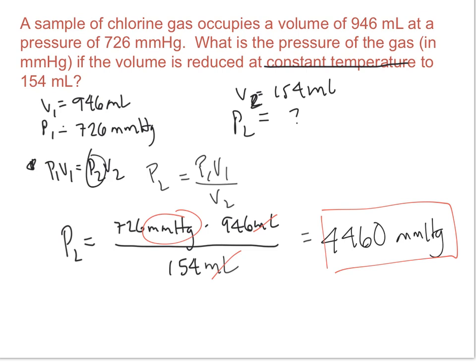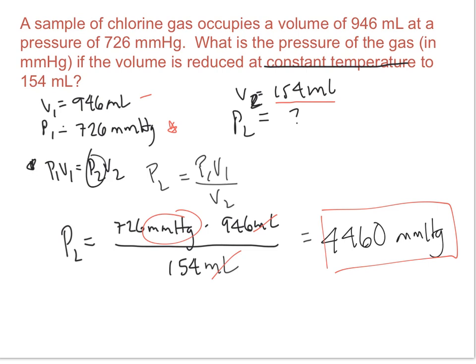Now if we take a look at this calculation, we should always ask ourselves, does this make sense? So the pressure at 946 milliliters is 726 millimeters of mercury. Now, I have decreased my volume by quite a bit. If I decrease my volume, my pressure is going to increase, right? So that's what we would expect to happen.